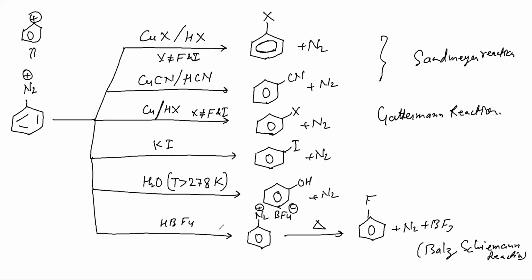Now here you can perform one more reaction. Treat it with NaNO2 along with copper, and you will get nitrobenzene. But this won't be called Balz-Schiemann reaction, this is different.